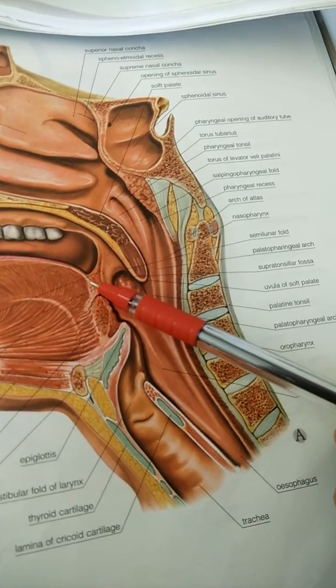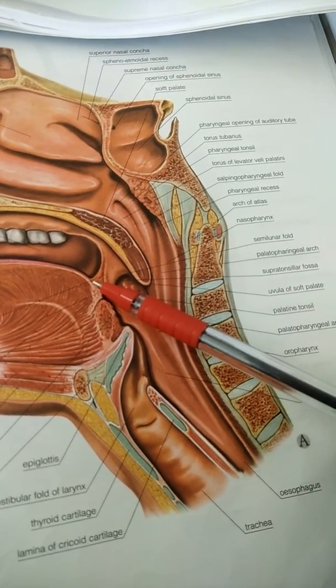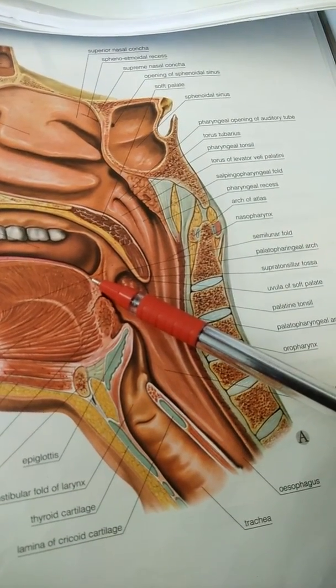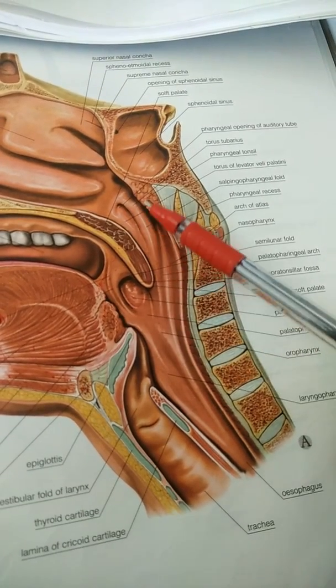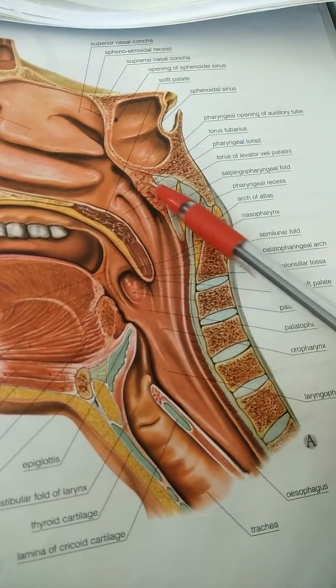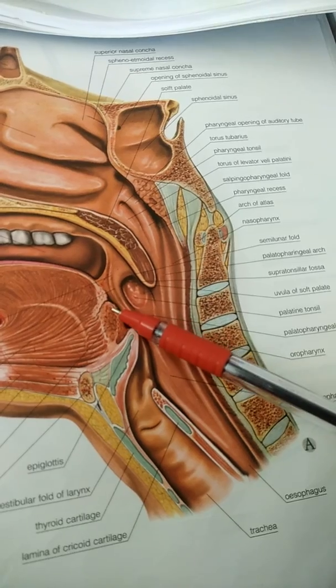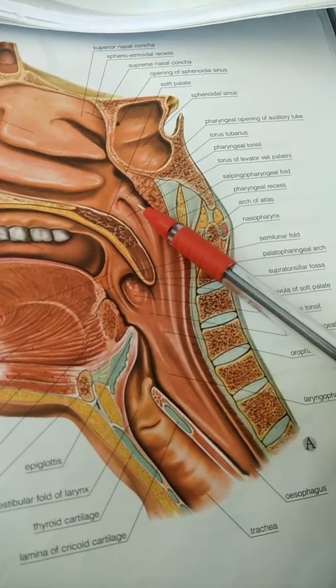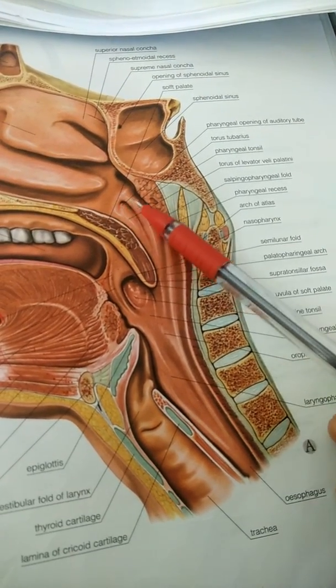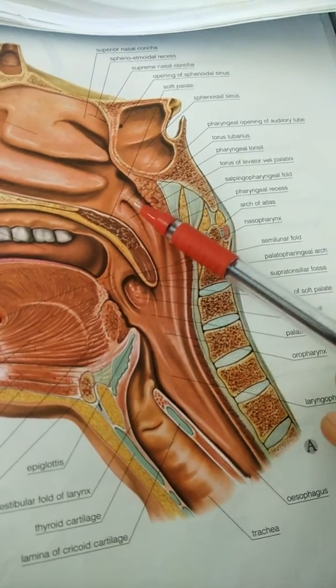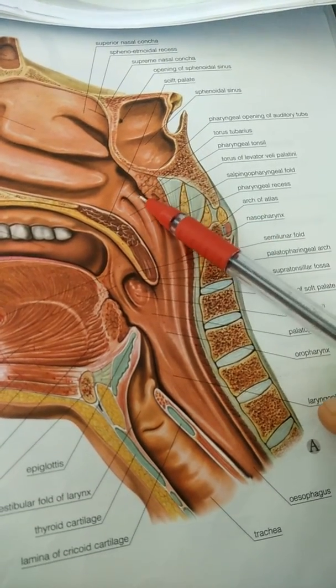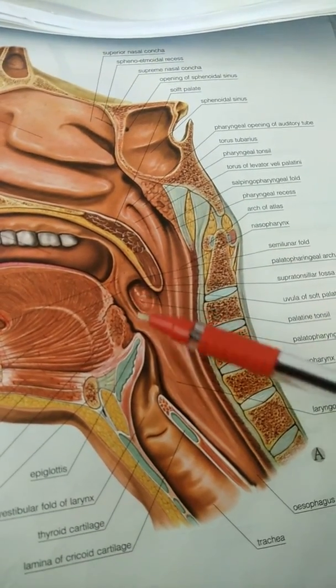You have already seen the tonsils inside the mouth; on the posterior one third of the tongue, we can see the lingual tonsil. Then on either side there will be the tubal tonsil and also the palatine tonsil.